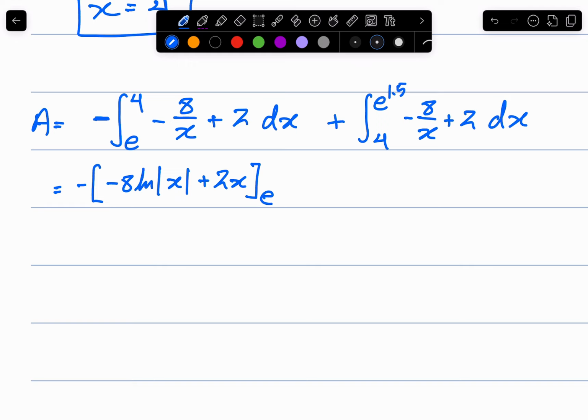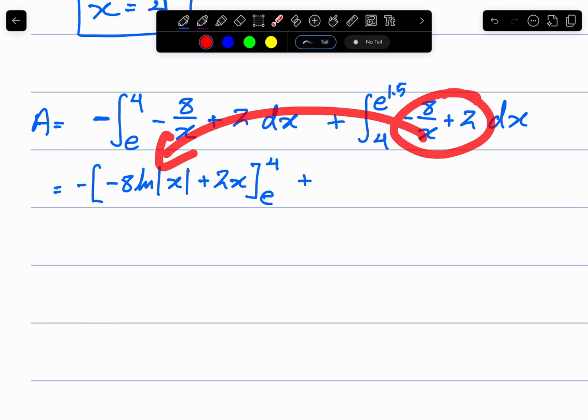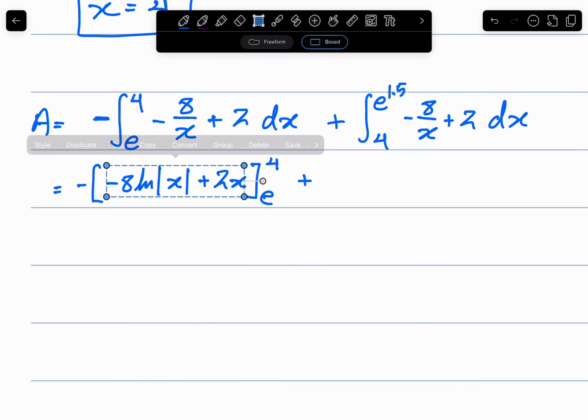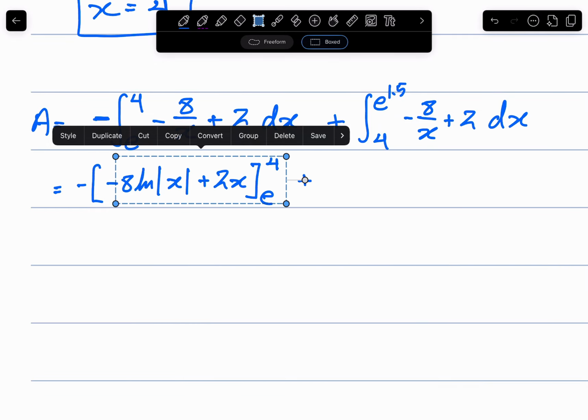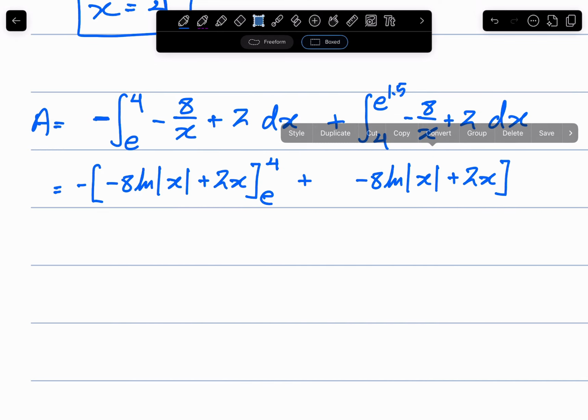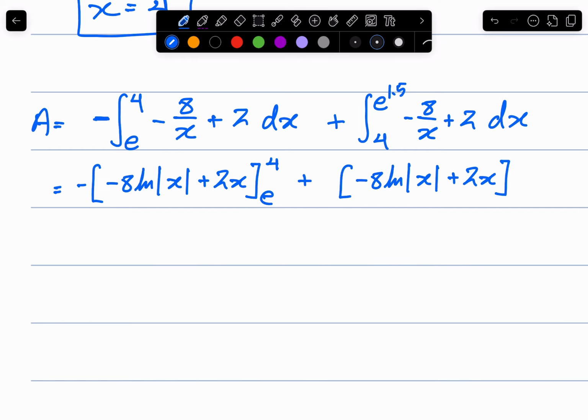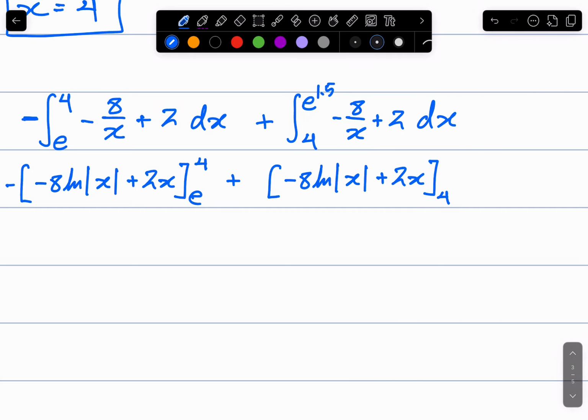And this we need to substitute from e till 4. Plus, I hope you can see this is the exact same integral as this one, so I can copy paste this with a different set of brackets here. This time it's going to be from 4 to e to the 1.5.